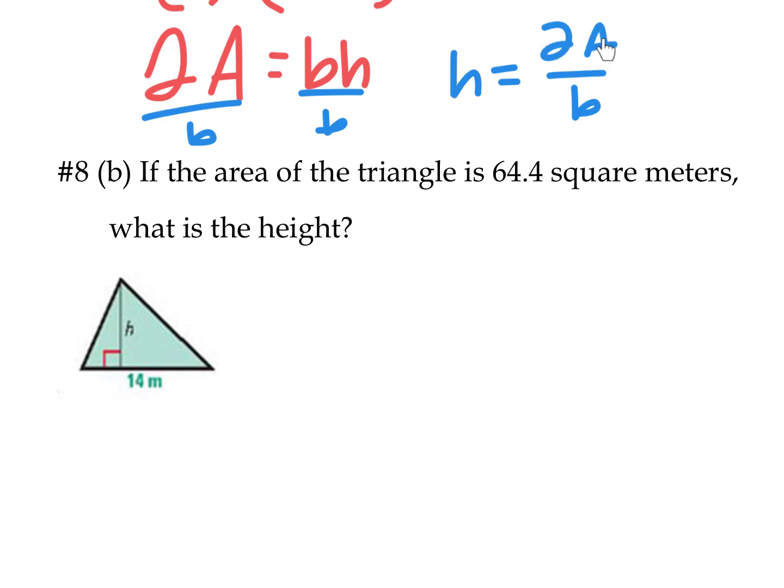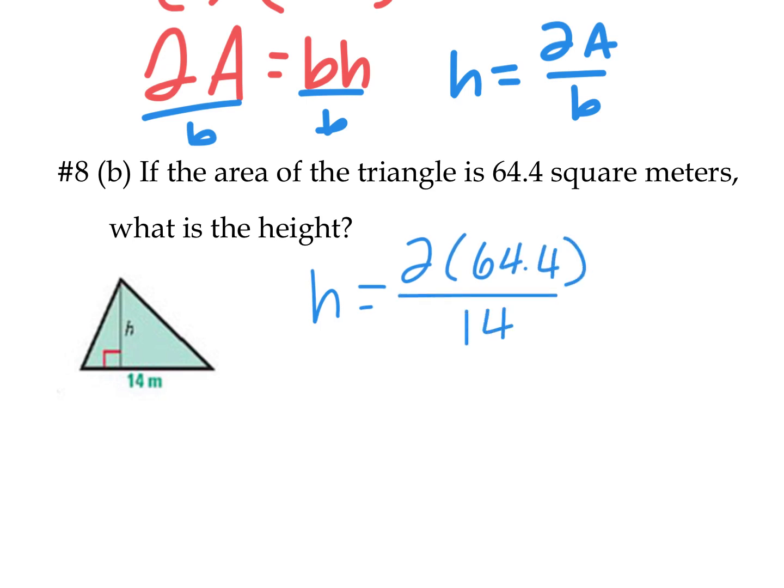Now we know how to find the height. We plug that in for the A and the B. So we know that height is equal to 2 times the area, 64.4, over B, which is 14. So we can plug in our information for the A and the B and solve for the part we don't know. That's where this would be useful.